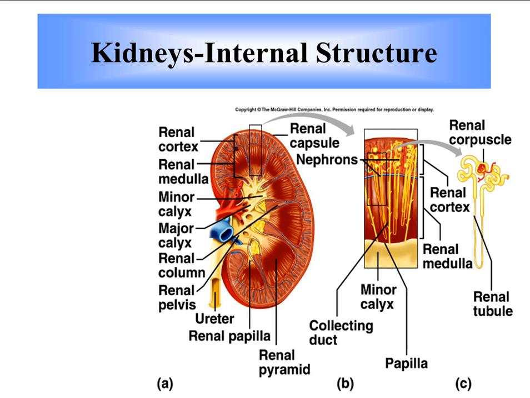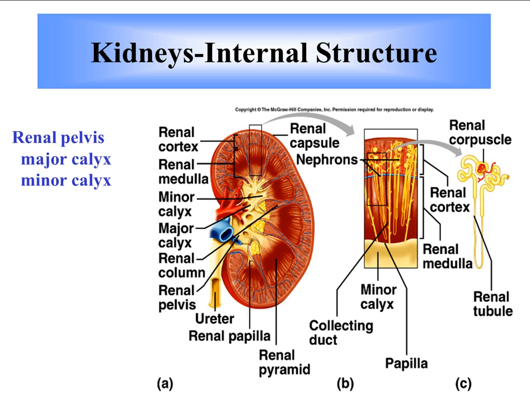The internal structure, in from the hilum: we have blood vessels entering, but you have the ureter, and the ureter gives rise to the renal pelvis. Okay, right here in the hilum, you have the renal pelvis, this large area here. And as you go inward, the pelvis gives rise to the major calyx. Plural would be calyxes.